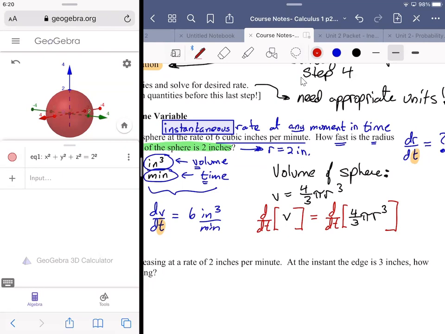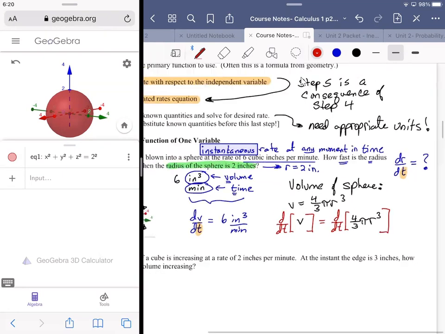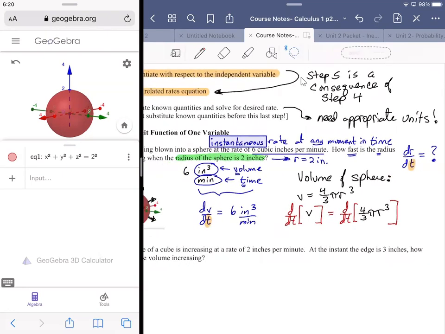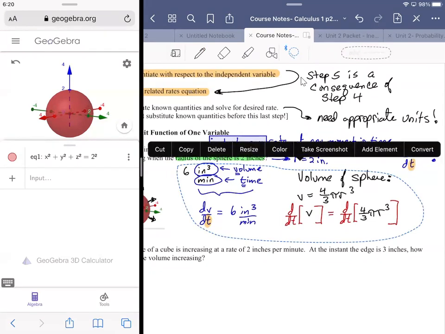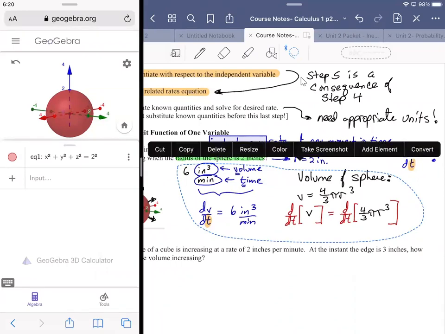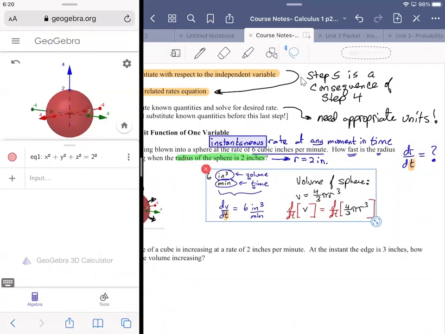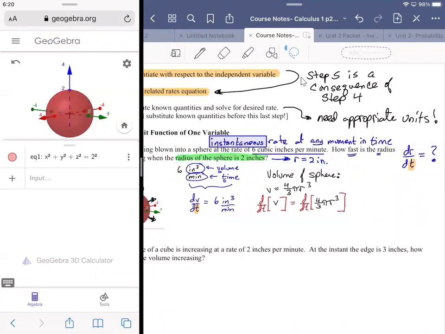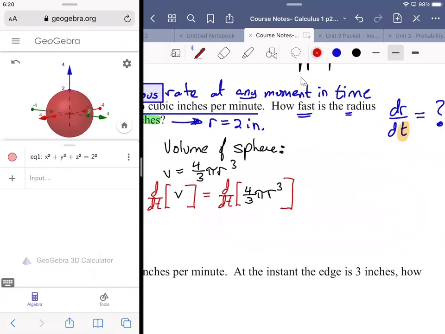So what we have to do here, and I'm going to be explicit about this, is assume that volume and radius are functions of time.